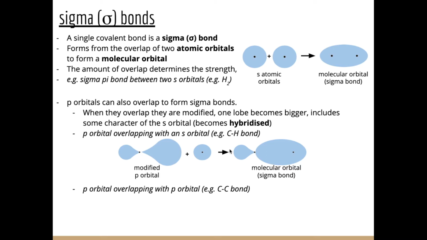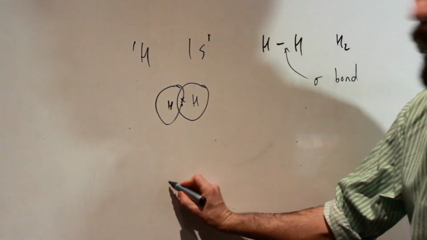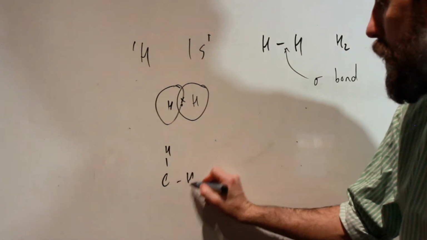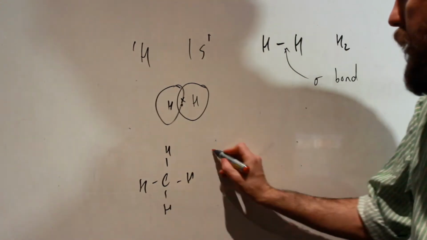So we have a modified p orbital overlapping with an s orbital to form a sigma bond, for example, in CH4. If we've got CH4, like that, this is a sigma bond.